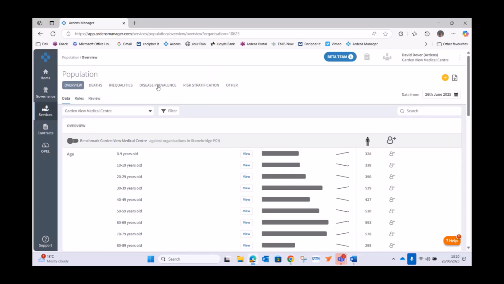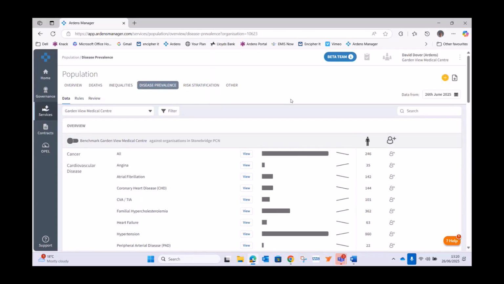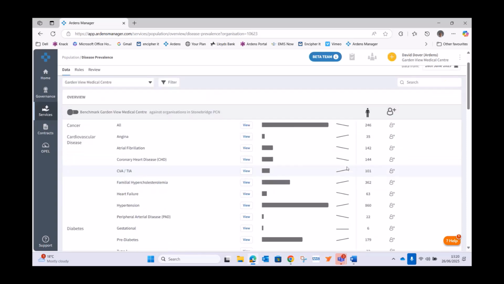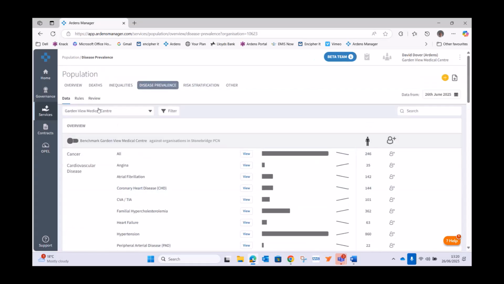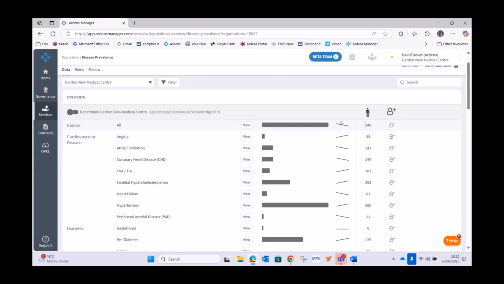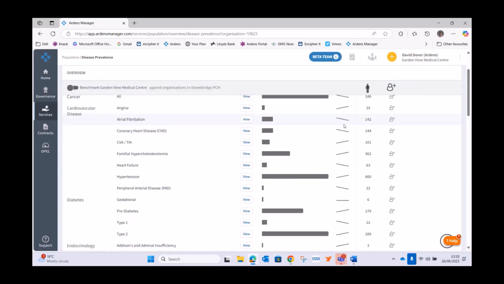So when it comes to disease prevalence, what I'm going to be looking at is, are there any increases or significant increases here? And again, do we have the capacity as a practice to manage all of those annual reviews, interim blood tests, and whatever else is going to come your way based on these patients' disease registers as well? So from a prevalence point of view, at a glance, I've not needed to go anywhere.